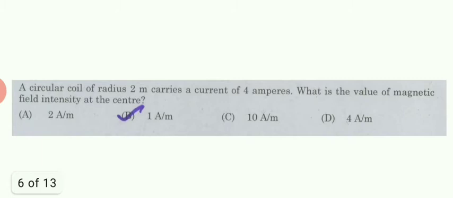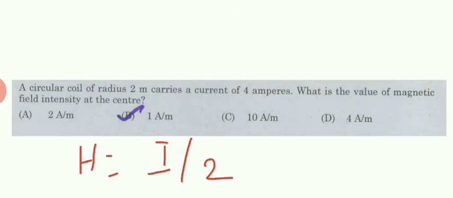A circular coil of radius 2 meter carries a current of 4 ampere. What is the value of magnetic field intensity at the center? The magnetic field intensity at the center of the circular coil is given by H is equal to I by 2R.